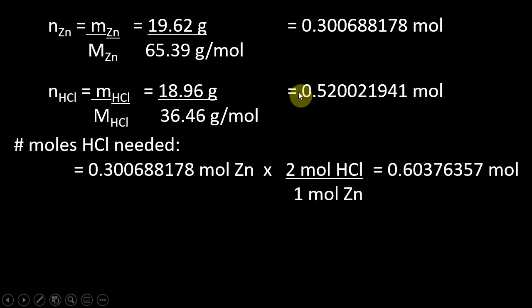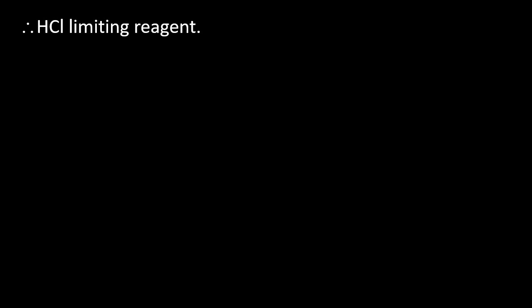Well, if I look at how much hydrochloric acid I've actually got, I've only got 0.5 moles, which means I don't have enough. And that is essentially how we figure out that the limiting reagent is hydrochloric acid. So even though it's not there in the lesser amount, it is the limiting reagent.